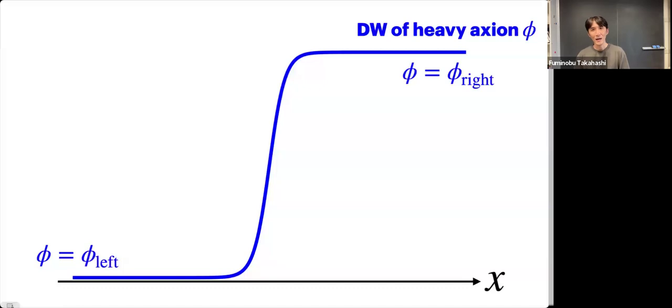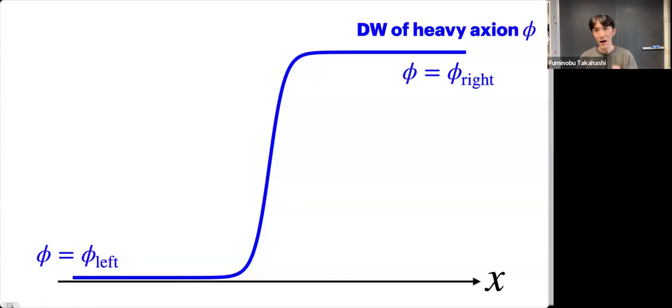So to explain this, let me consider a simple setup. First, assume that the heavy axion phi has a domain wall like this. So this is in real space. On the left side of the domain wall, this phi field has a field value phi left, and on the right side, it is given by phi right. And the domain wall appears connecting these two different vacua like this.